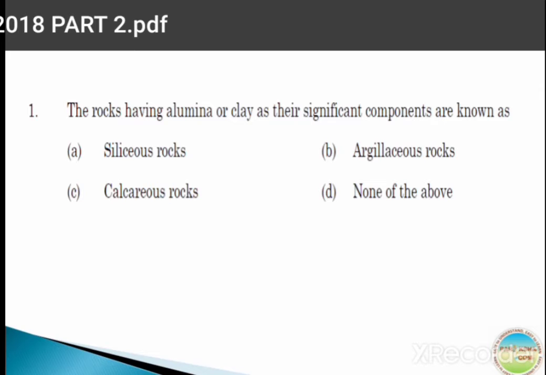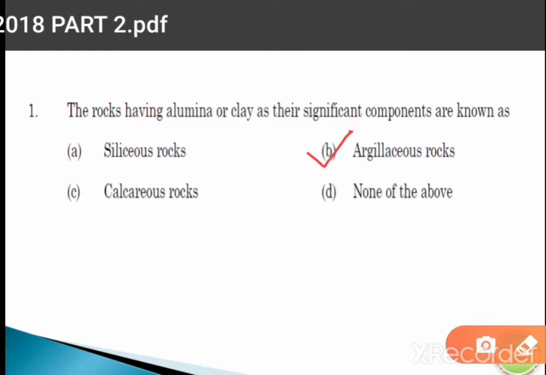The rocks having alumina or clay as their significant components are known as: A. Siliceous rocks, argillaceous rocks, calcareous rocks, or none of the above. The correct answer for this question is argillaceous rocks. Argillaceous rocks are clayey rocks.